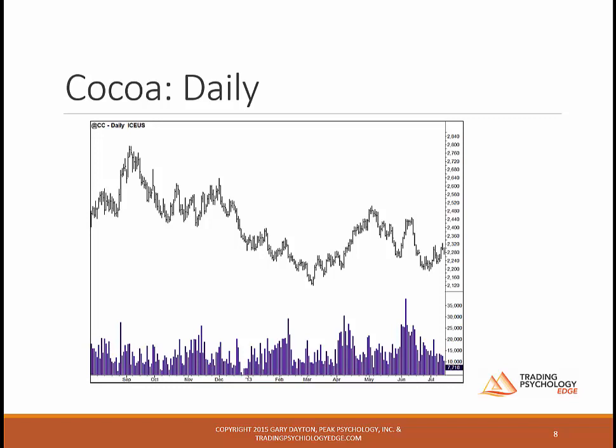Most people are saying bearish. Well, it's actually bullish. It's actually bullish, and we're going to find out why. In fact, it's decidedly bullish.